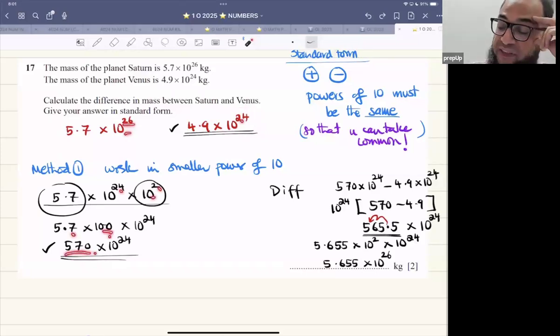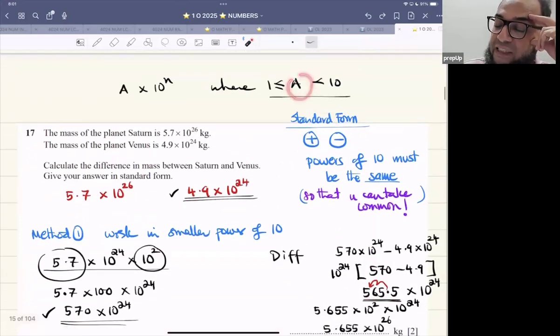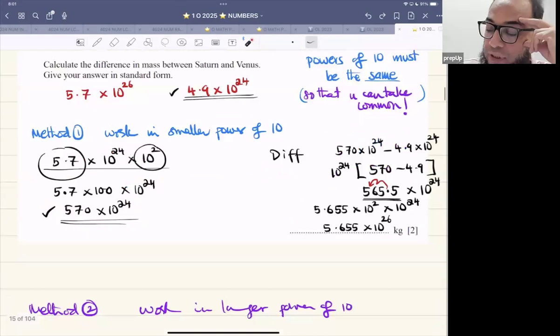We multiplied, we got 570. The difference is 570 minus 4.9. This is bigger, this is smaller, and 10 to the power 24 is taken common. This is 565.1, but we want a to be between 1 and 10. So therefore, that is 5.651 into 100. This 10 power 2 and 10 power 24 add up. This is 10 power 26, and that's the answer.